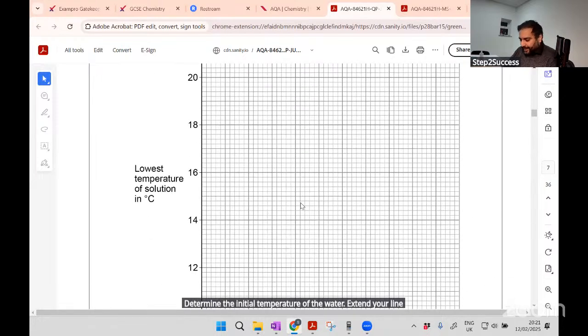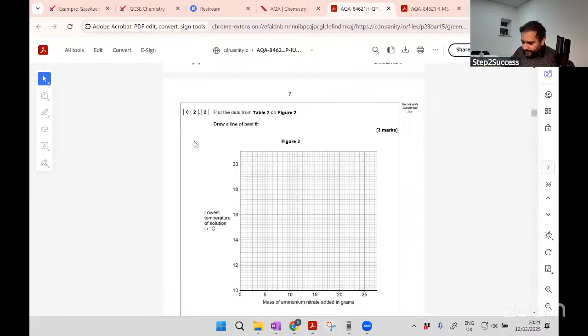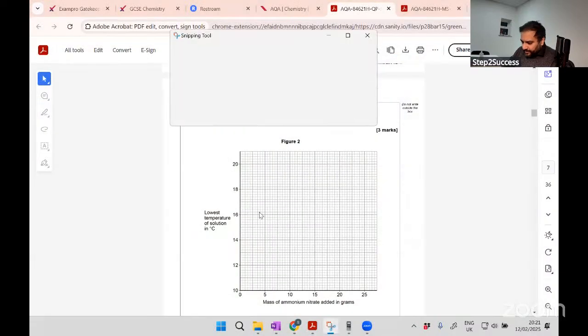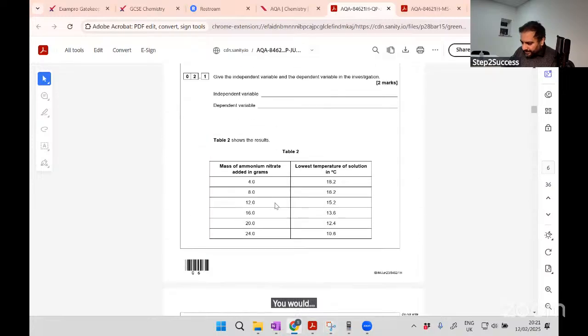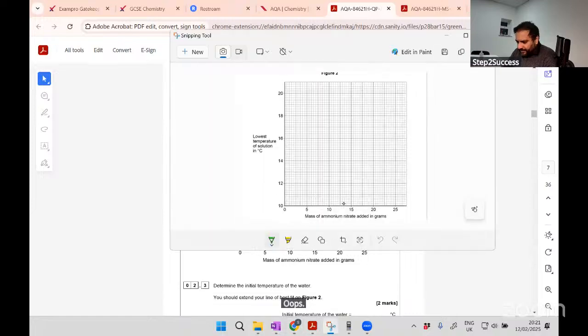So what would happen here, just so you know, is you would plot a graph. It goes 4, 8, and as it goes up, the temperature goes down. So you would have something like this kind of situation.